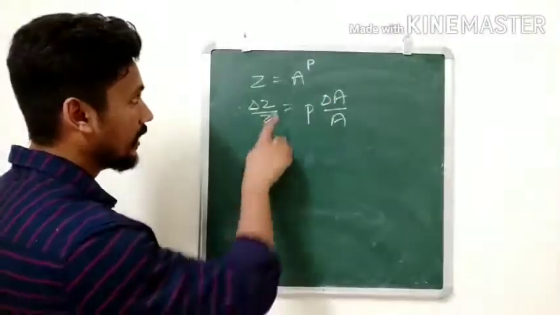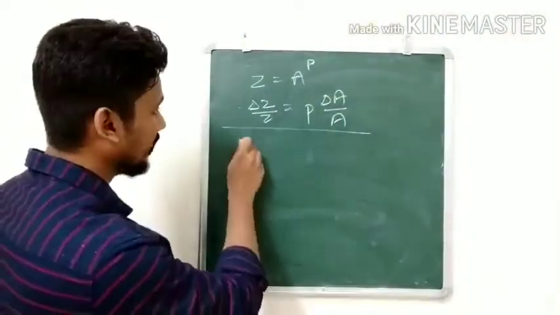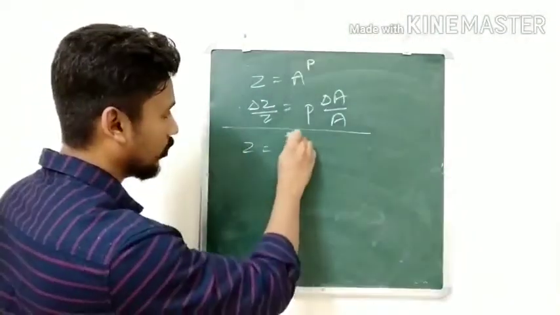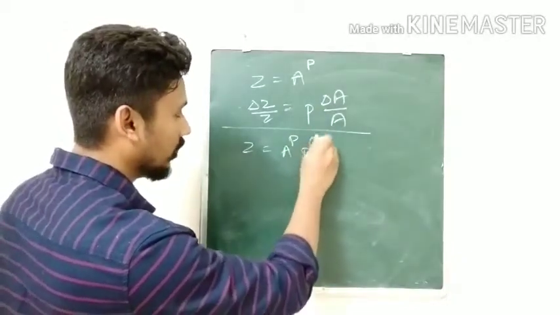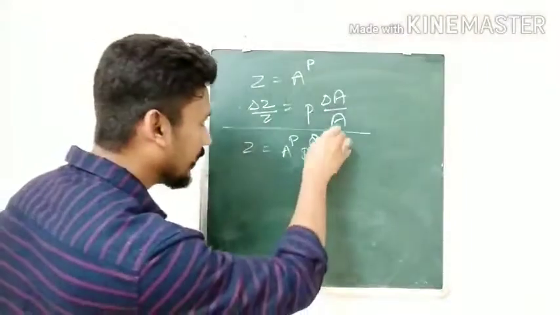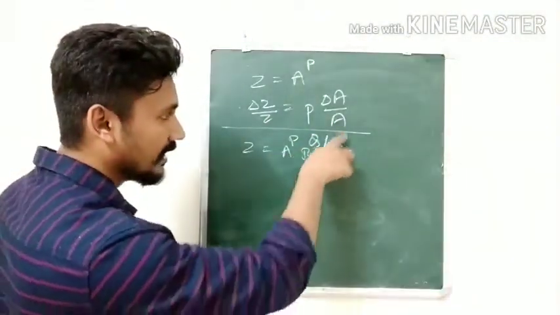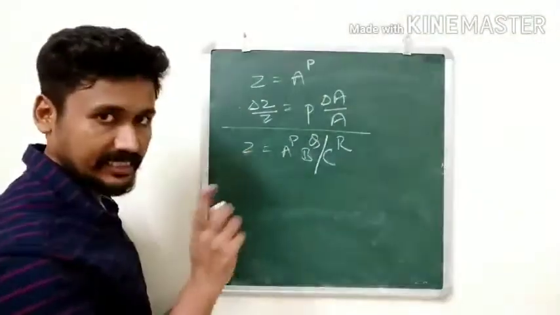Remember this. Let us say if Z is made up of more than 2 or 3 quantities, that is if I have Z is equal to A to the power P, B to the power Q and C to the power R, for example, or we can divide it. So that is A to the power P, B to the power Q divided by C to the power R. This is what Z is made up of.